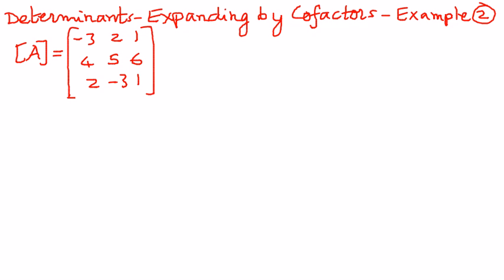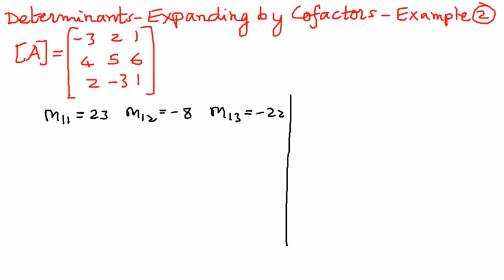cofactors were as follows. So the minors were M11 was 23, M12 was -8, M13 was -22. I'll try to write the cofactors on this side in just a minute. Then we have M21 as 5, then M22 as -5.